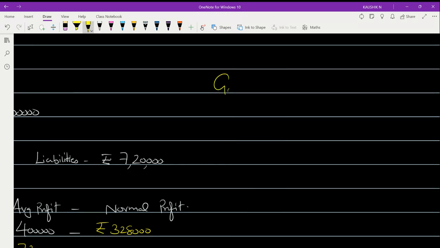Goodwill is equal to super profit divided by NRR into 100. So super profit, I know, it is 72,000 divided by NRR, it was 10 percentage, into 100.